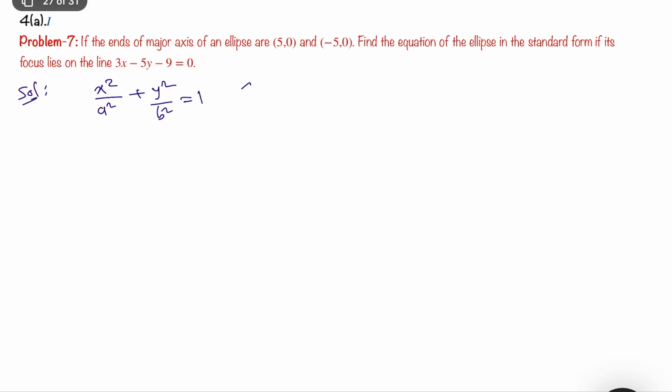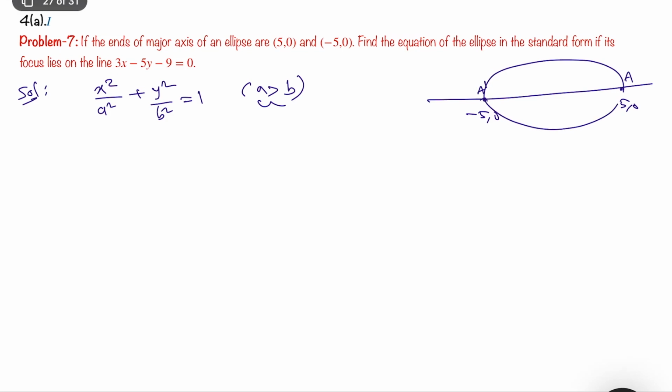Okay. Here it's going to be a greater than b case, because major axis ends lie on x axis, so it must be a greater than b case. Here minus 5 comma 0, 5 comma 0, it's going to be A dash and A, which are ends of the major axis, so our ellipse will be something like this.